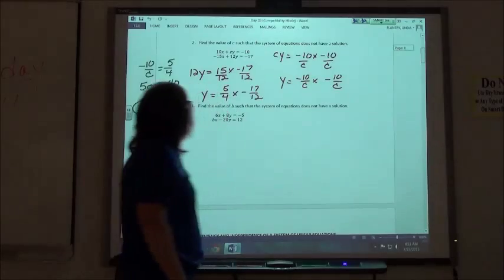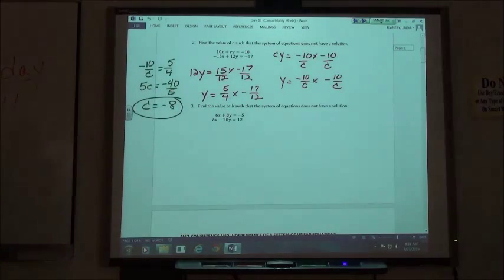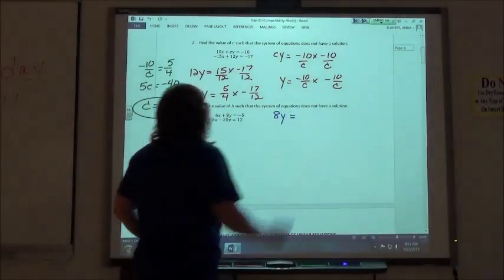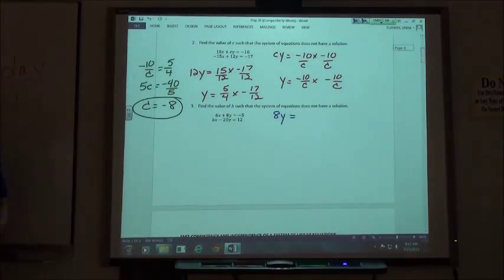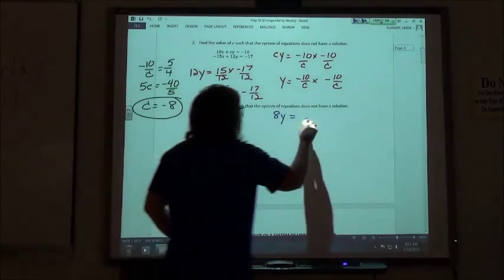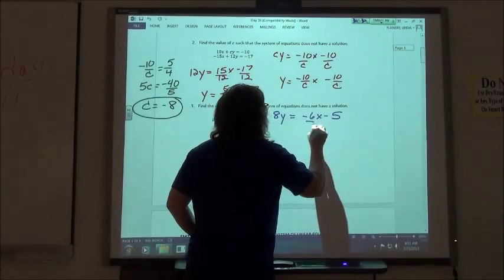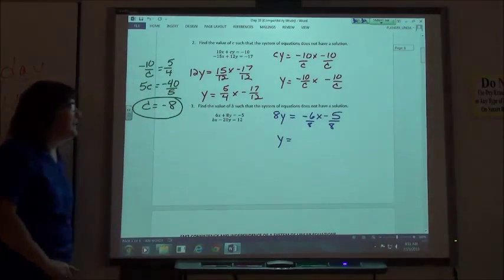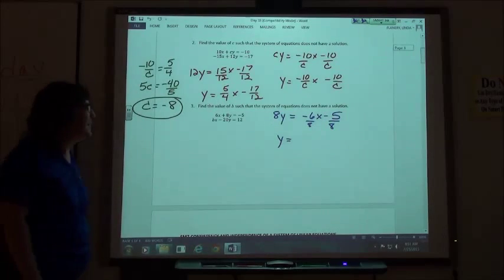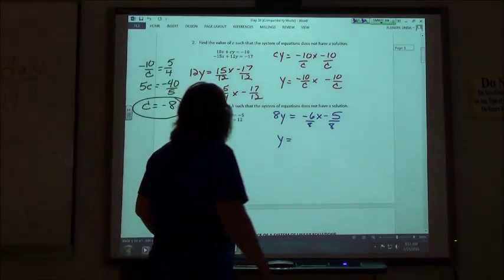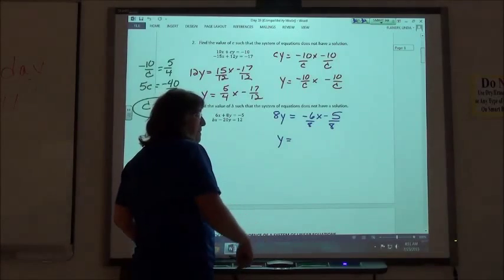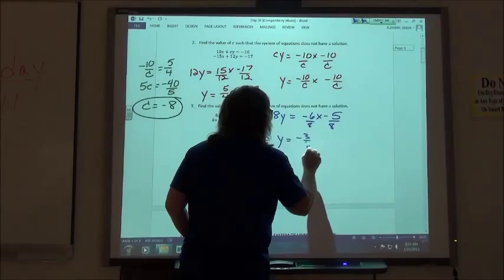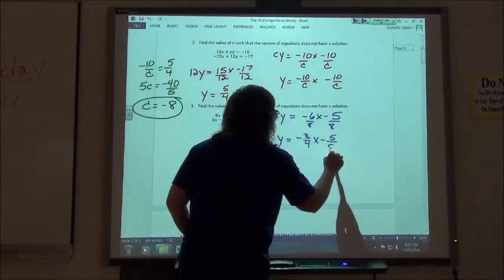And the third one there, if we rearrange that top equation for y, 8y would equal negative 6x minus 5. Dividing by our 8, we then get negative 3/4 x minus 5/8.